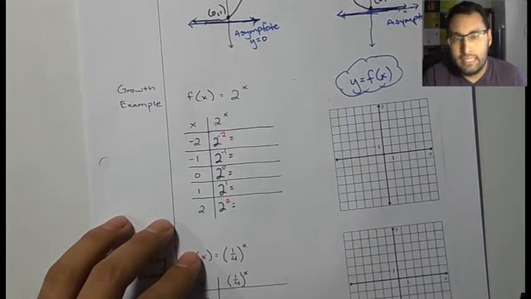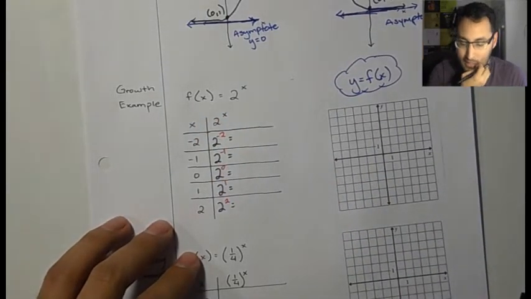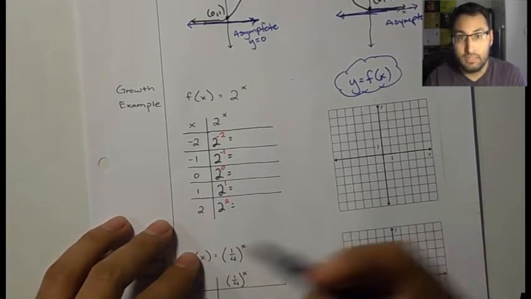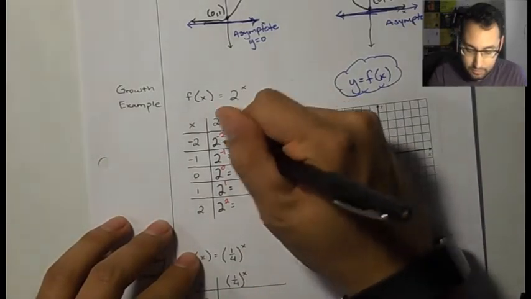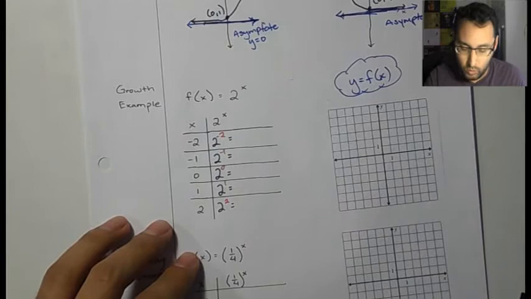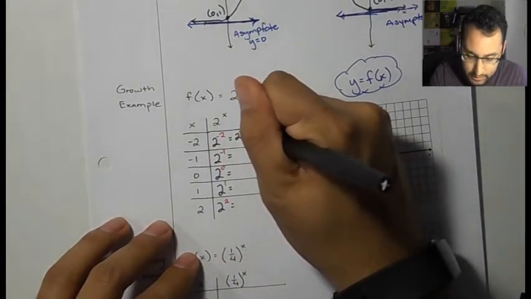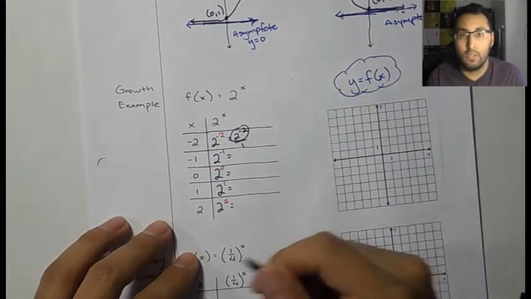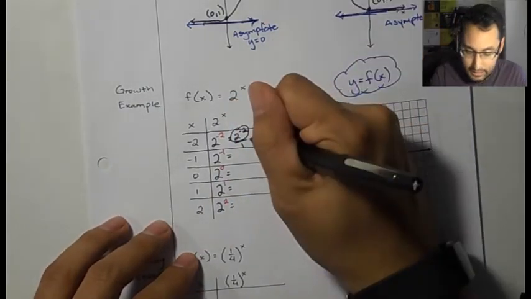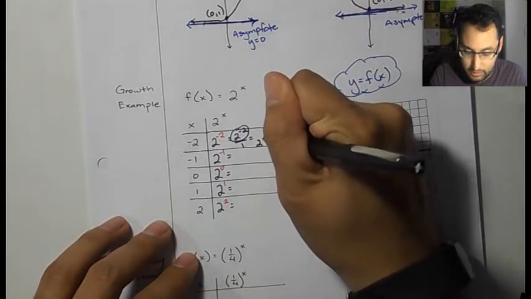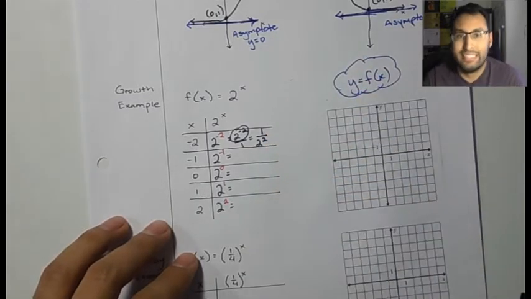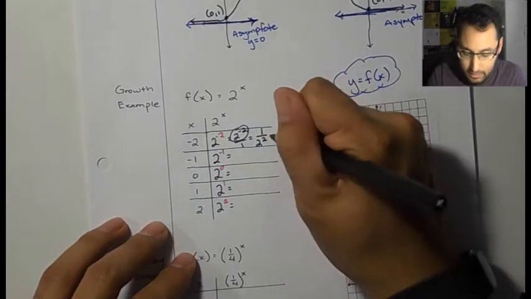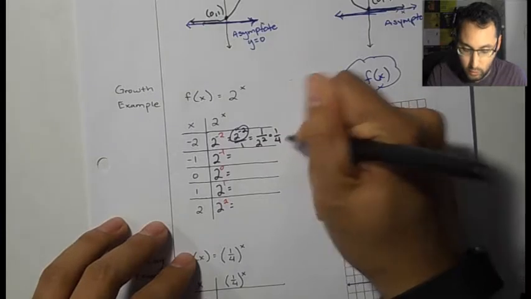So 2 to the -2nd power, we want to represent powers as positive, so we need to put this in a fraction. You can think of putting it over 1. So I'll write it over here, 2 to the -2nd power over 1. This has to cross the line, change the sign. It has to go in the denominator, so this will be 2 to the 2nd power, and 1 is in the numerator. And then simplify, this will be 1 over 4.